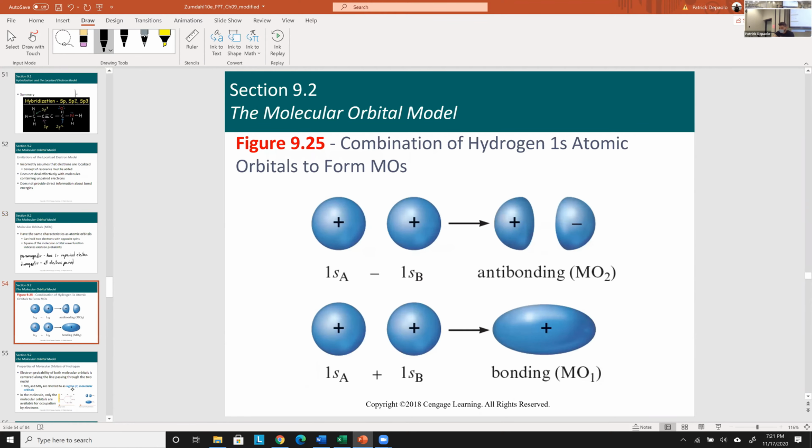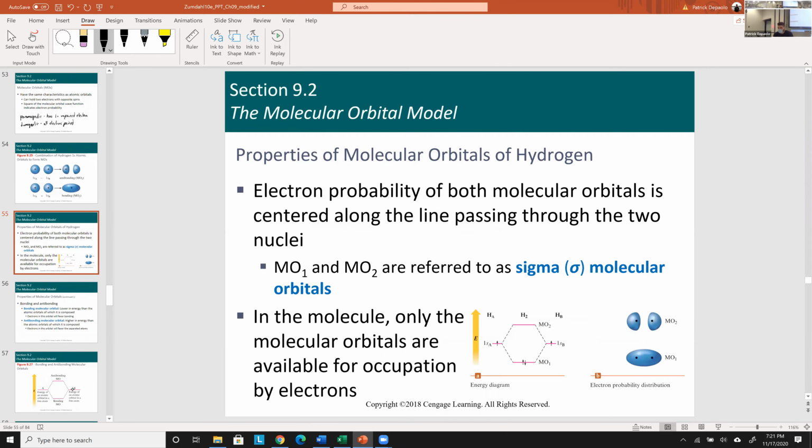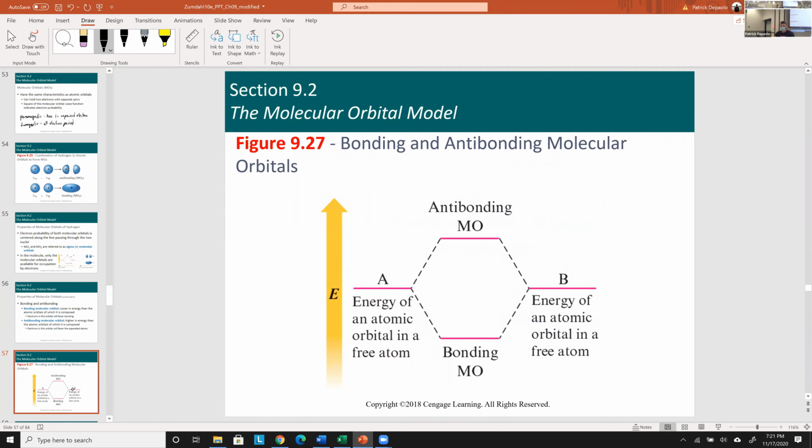So let's get into the way it's written, or the model itself. Okay, so this is what they look like. What's going on here? On the left, we have an increase in energy. So we have our lowest energy here, which makes sense.